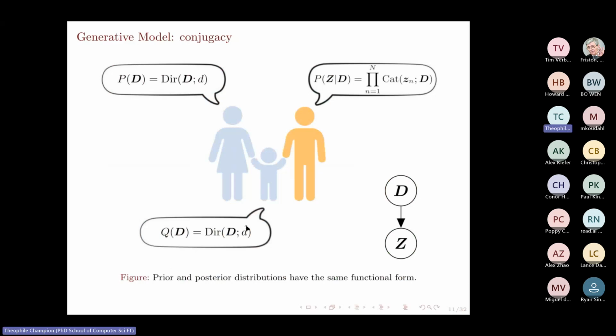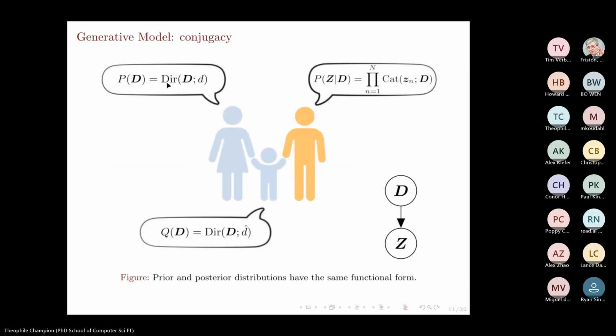Okay, I also mentioned this notion of conjugacy, which will be central to this presentation. The idea of conjugacy is a bit like a couple having a child, and the child looking very similar to one of the parents. For example, here we have a prior, which is a Dirichlet, and we have Z given D, which is in this context the likelihood.